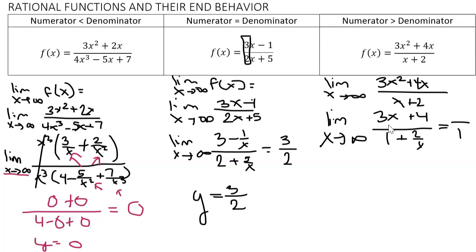However, if x gets increasingly large to an infinite value, so does 3x, which means so does 3x plus 4. And so we can see that the limit as x approaches positive infinity is positive infinity. And then if we repeated this process for negative infinity, we would get that it approaches negative infinity. So you can imagine that the slant asymptote looks something like this, causing the function to approach positive infinity.